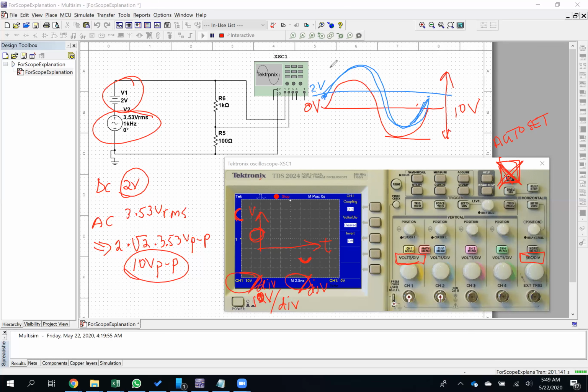So knowing that it's 10 volts peak to peak with a 2-volt offset, I can think about what I might want my volts per division to be. And right now my volts per division is at 10 volts. So that means my waveform is going to fit into one of these squares, right? I don't know about time for now, but top to bottom, it would fit into one of these squares.